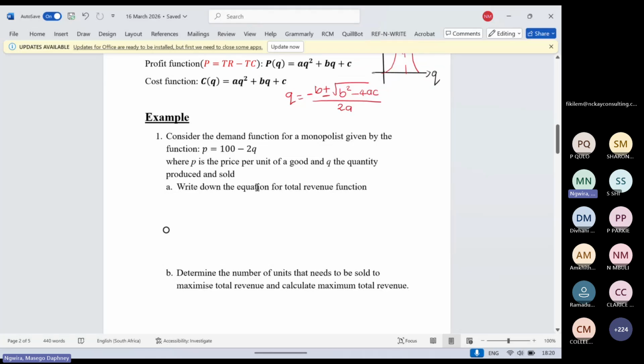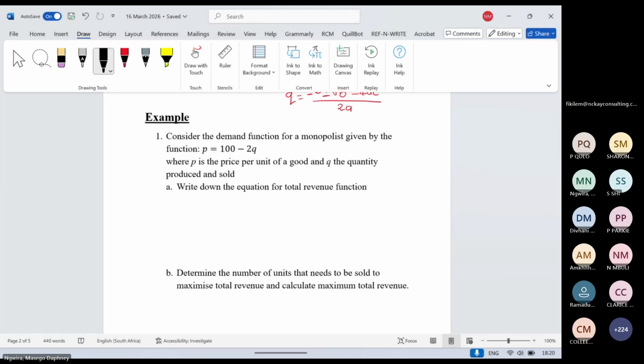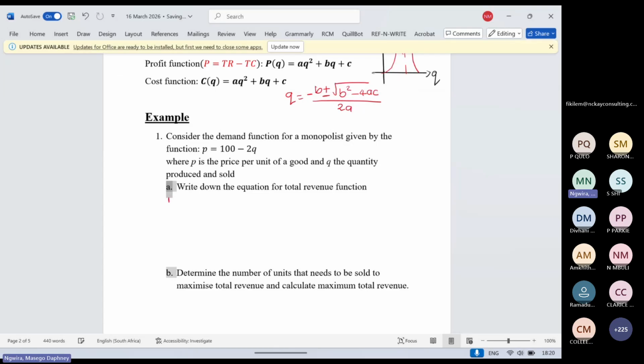We all know that the formula for the total revenue function is TR equals P times Q. And here we are given the price: P equals 100 minus 2Q.